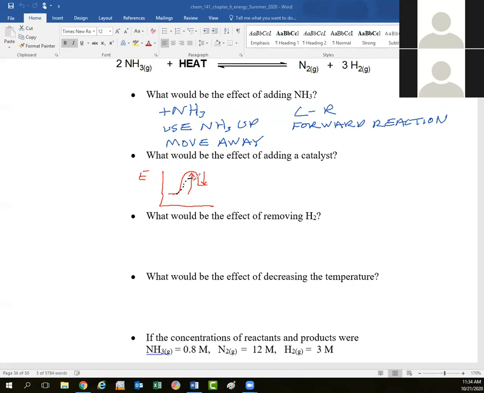or the catalyst effect, it's not just lowering the energy of activation for the forward reaction, it also lowers the energy of activation for the back reaction as well.